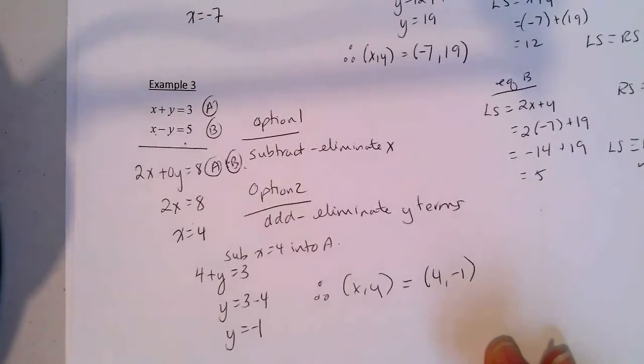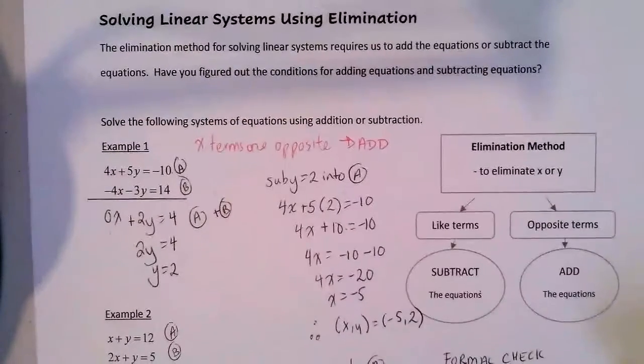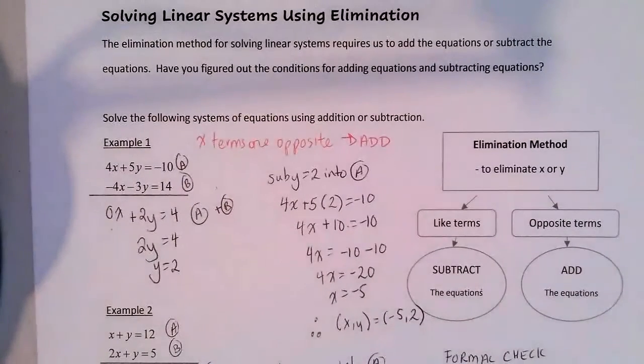So just in summary, using the method of elimination requires us to either add the equations together or subtract the equations. Deciding which operation to use, either adding or subtracting, requires you to look closely at the terms in each equation.